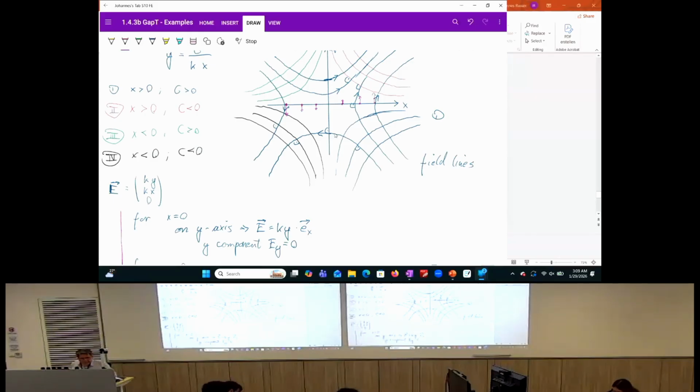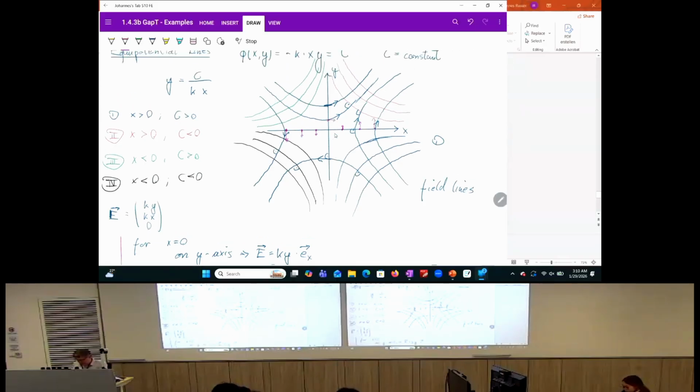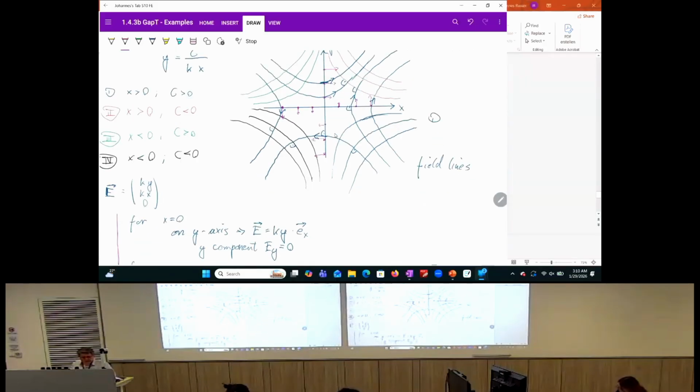And for the y-axis, you have a similar behavior. Also, if you plot the equipotential lines such that they are spaced equally, then the spacing of the lines becomes narrower as you move out from the origin. Okay, do you have questions on this?